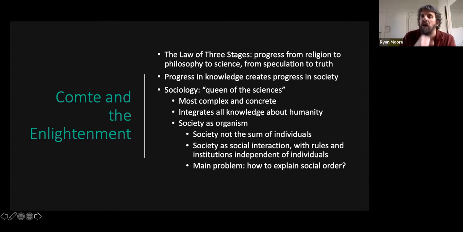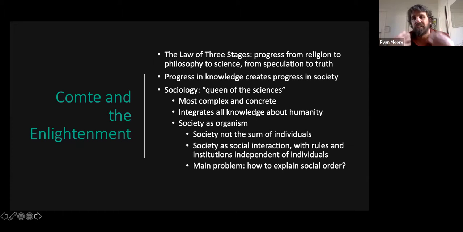And that as societies progress in their methods and forms of knowledge, they will become more democratic, more equal, more tolerant, and also more productive. So there's this connection between progress in knowledge and progress in society.